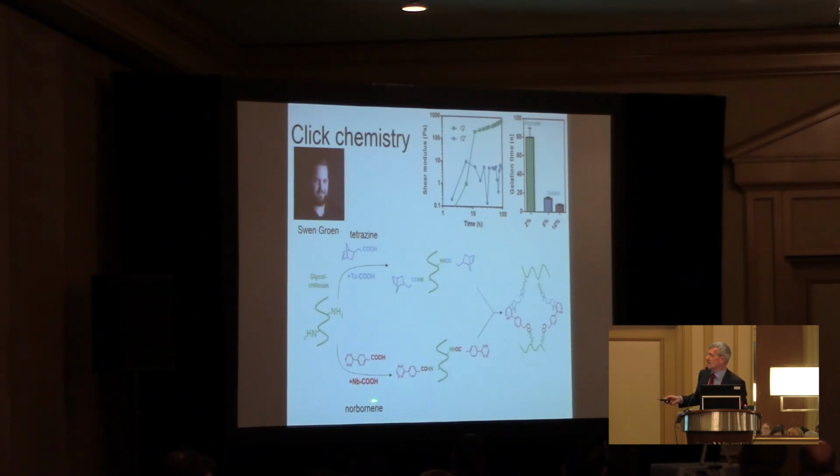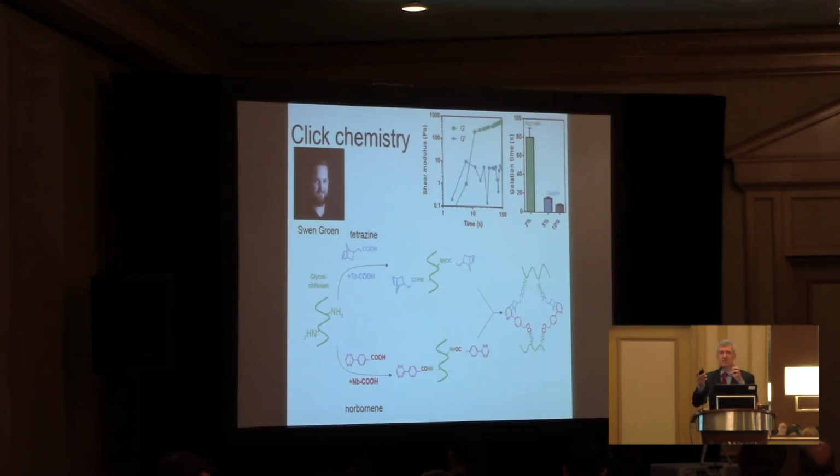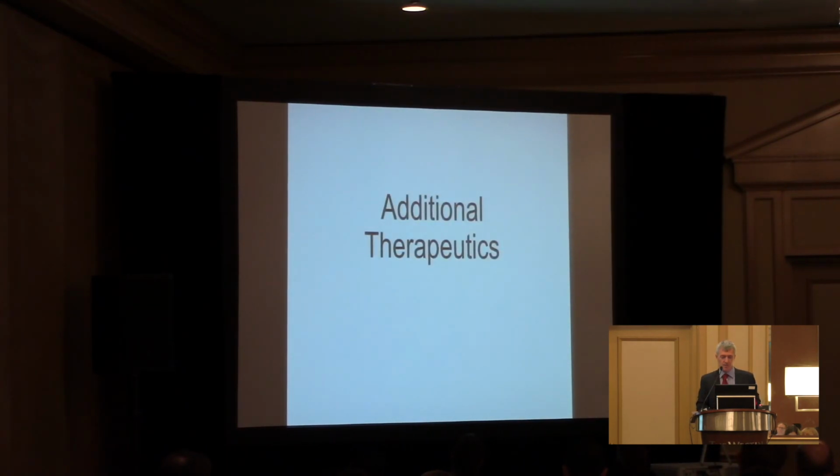And tetrazine and norbornene like each other. And so when you mix these two together, it just snaps together and binds immediately. And so you can get the gel to bind better and gelify faster using these chemical modifications.